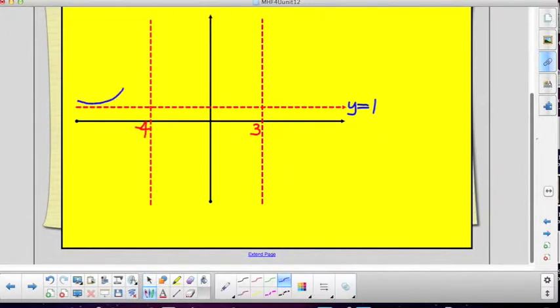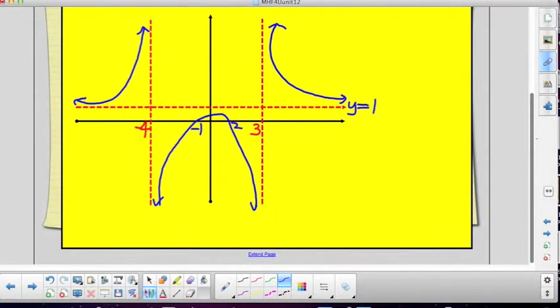In this interval, it's going to go like that. And I said my x-intercepts were at +2 and -1.